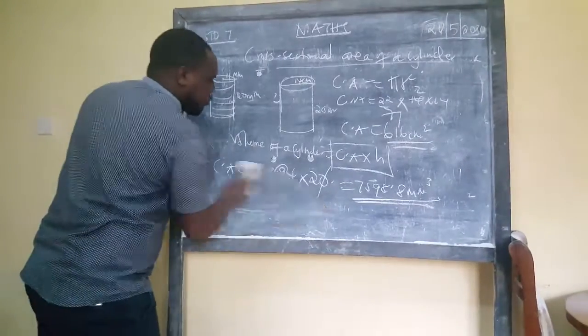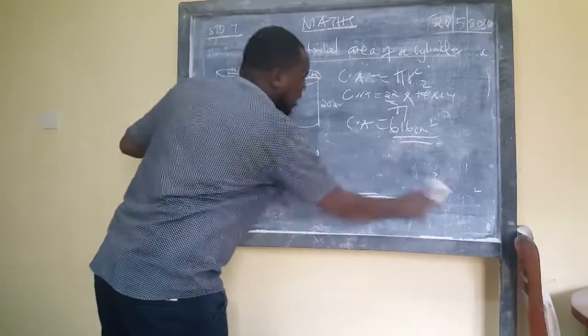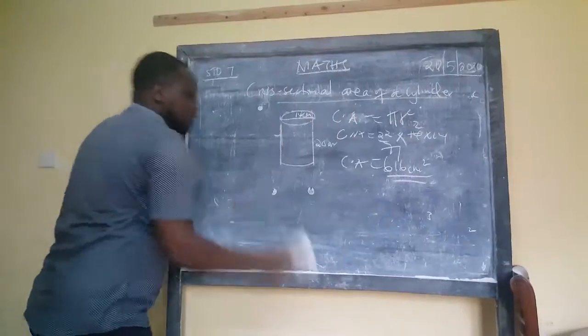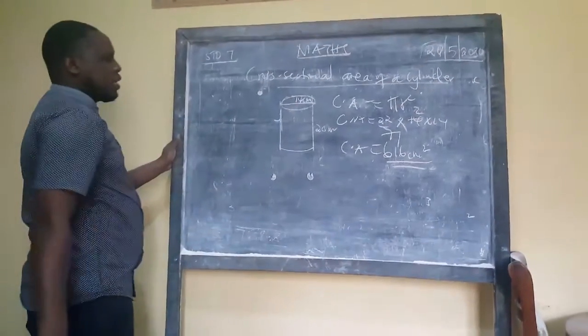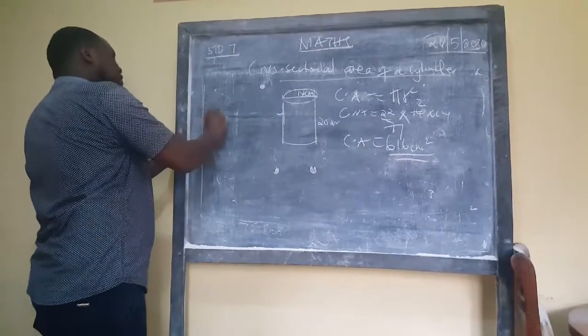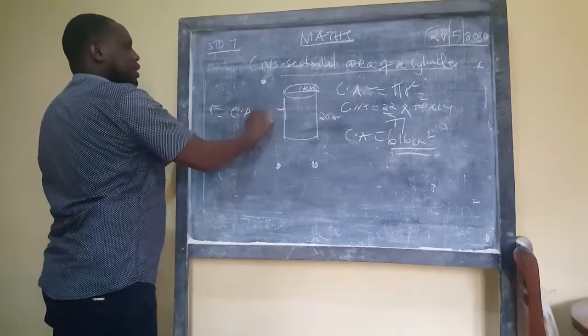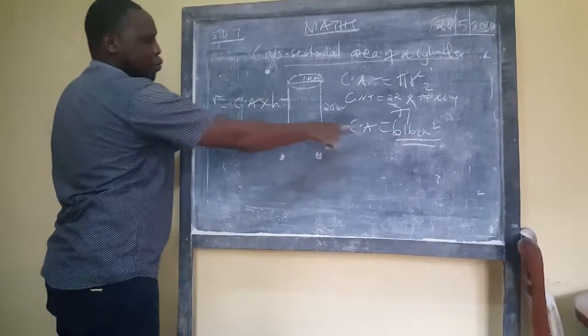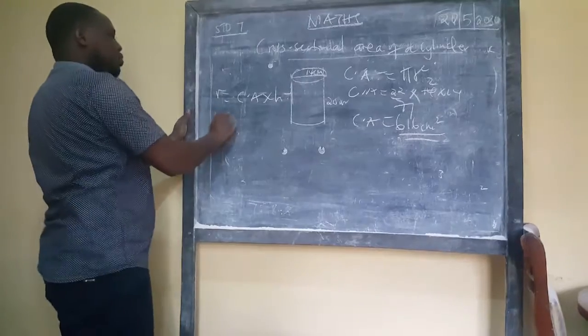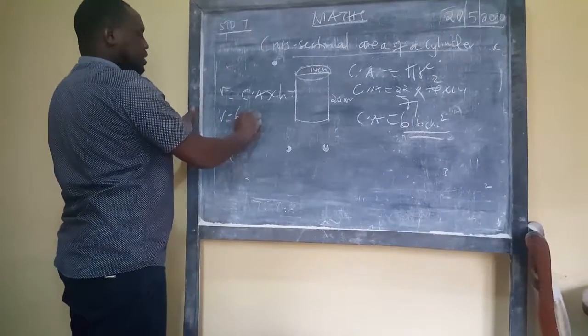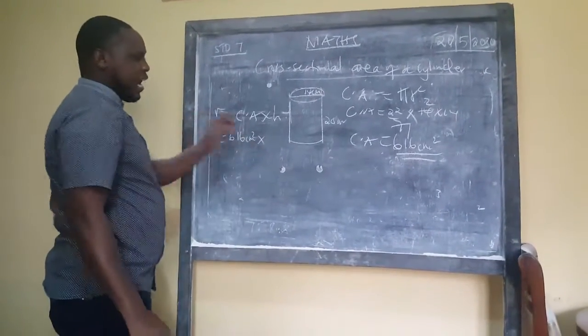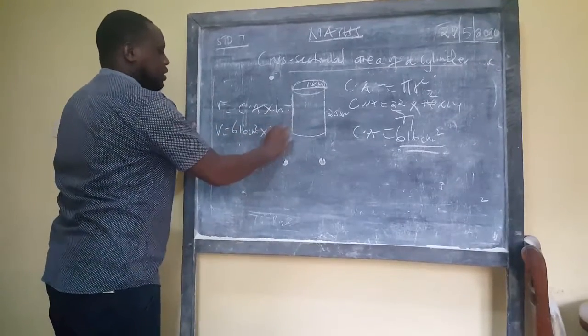Let's do another question before I give you what cross-sectional area represents. So we are going to do this question here. So how do we get volume? Cross-sectional area times height. We have already our cross-sectional area. So our volume is equal to 616 centimeters squared times the height. The height is given as 20 centimeters.